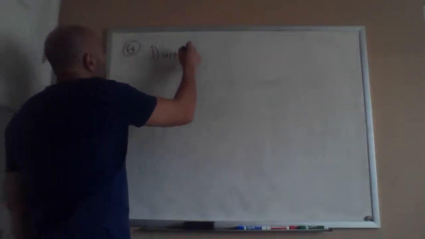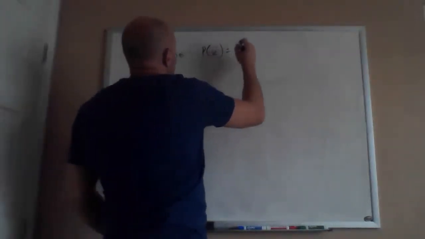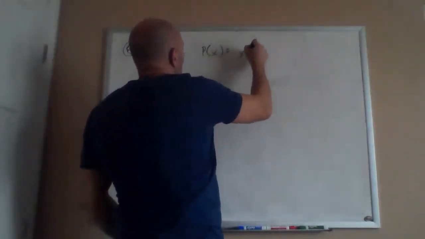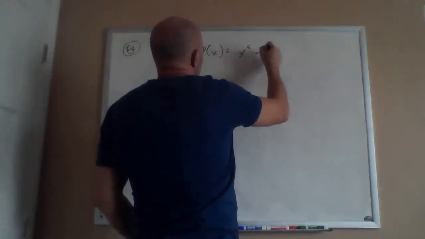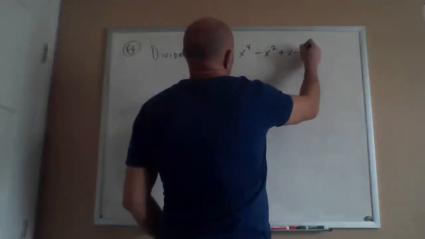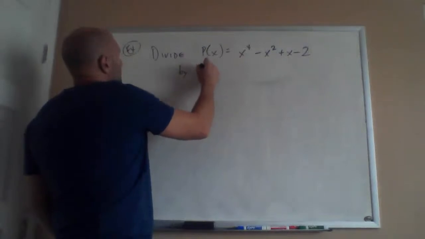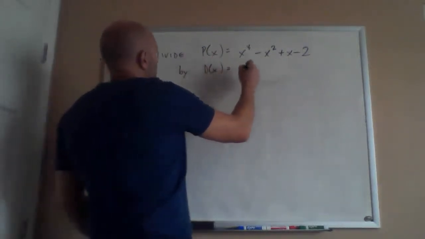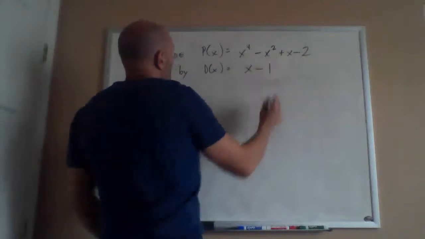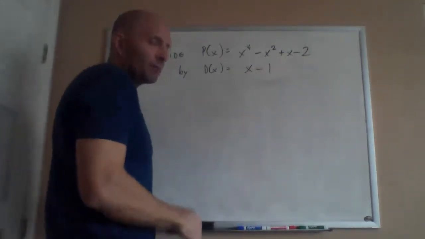All right, so let's do an example. Divide P of x, which is x to the fourth minus x squared plus x minus 2, by d of x, which is x minus 1.